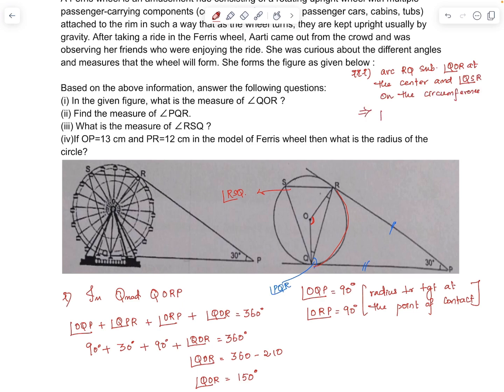This implies angle QOR is twice the angle QSR. We know the measure of QOR, which is 150. So from this we get the angle QSR, which is 75 degrees.